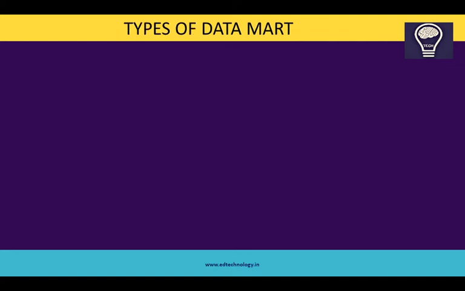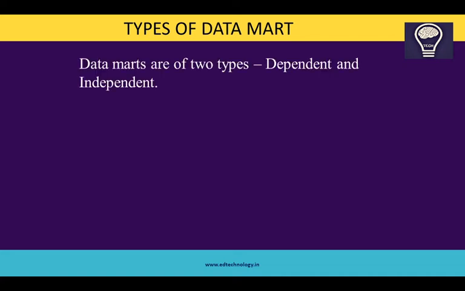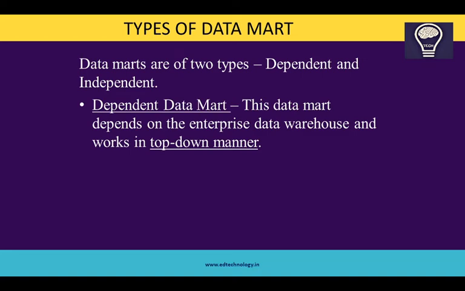Now let's understand the different types of data mart. This is important because it will help you understand how to choose which type of data mart. The first distinction is dependent and independent data mart. Let us see each of them one step at a time. The dependent data mart comes from enterprise data.